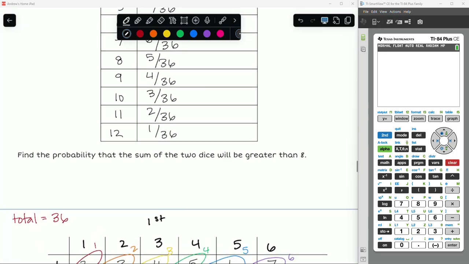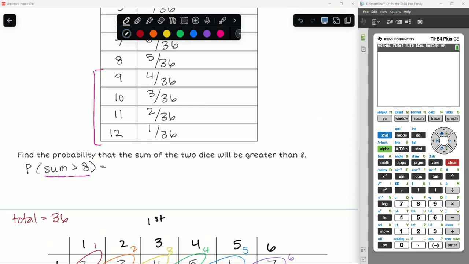Our probability example says find the probability that the sum will be greater than 8. P(sum greater than 8). So I'm going to come to my table and I'm looking for the region that's greater than 8. I know in my table that's going to correspond to numbers 9 through 12.